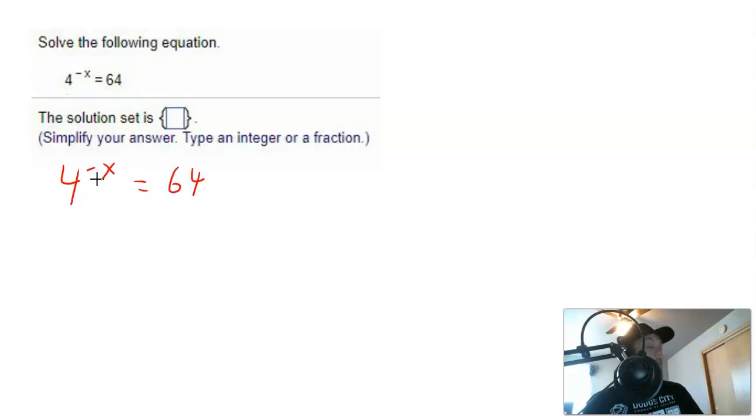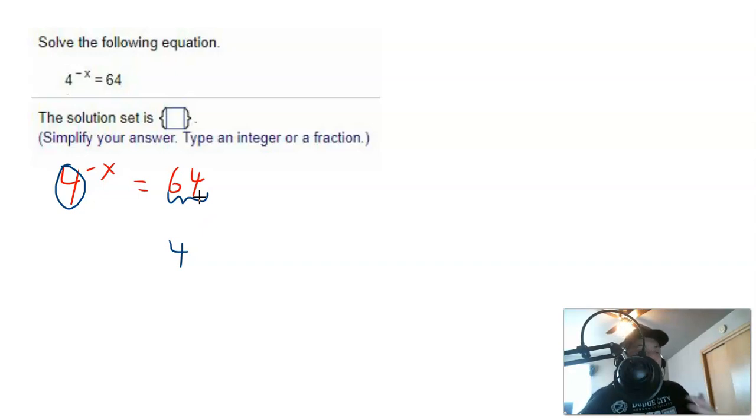The left-hand side has a base of 4. Right? It's already an exponent, it already has a base of 4. So the first thing you should try to do is, can I rewrite the right-hand side with the same base? I want to rewrite it as an exponent, and I also want the base to be 4 because then they'll match each other. And it turns out with this one you can.